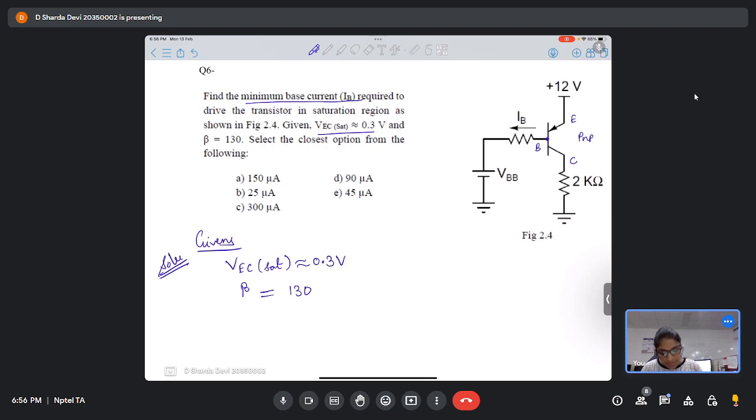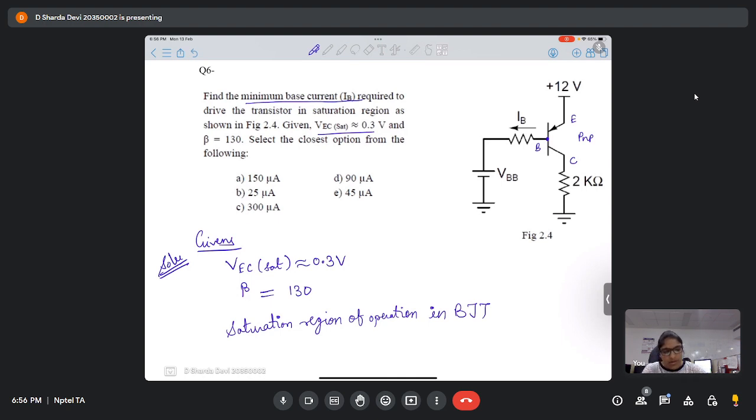What do we mean by saturation? What is the basic sense behind the saturation region of operation in a BJT? Where the current becomes constant at the output?